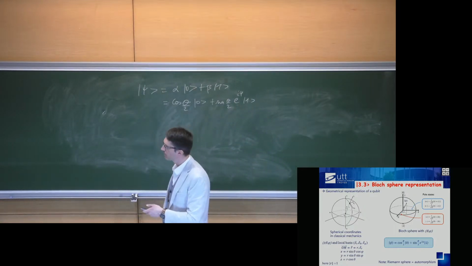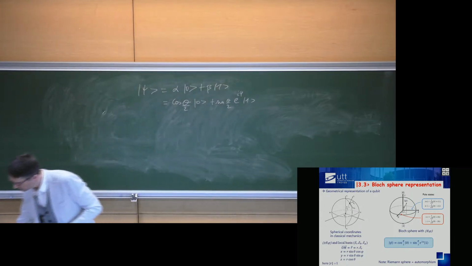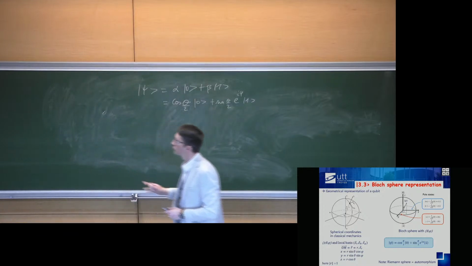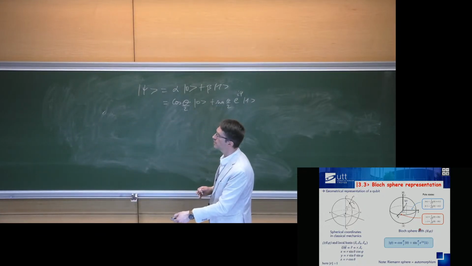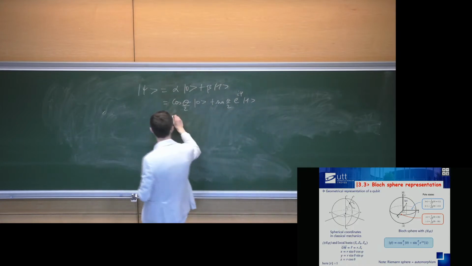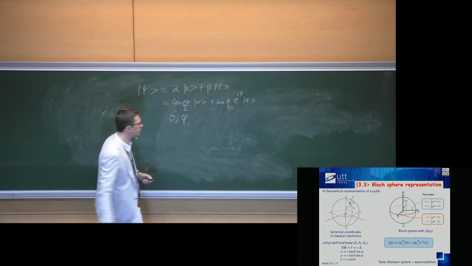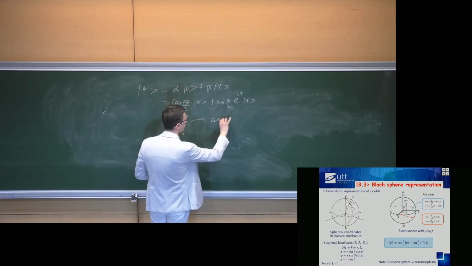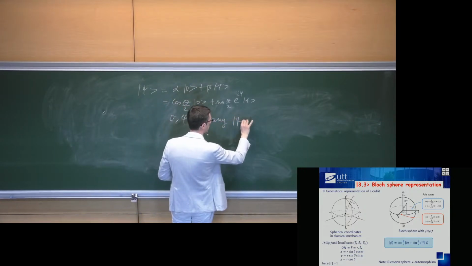And we can represent each of these qubit states by simply changing the values of theta and phi. This will give us any representation of phi.